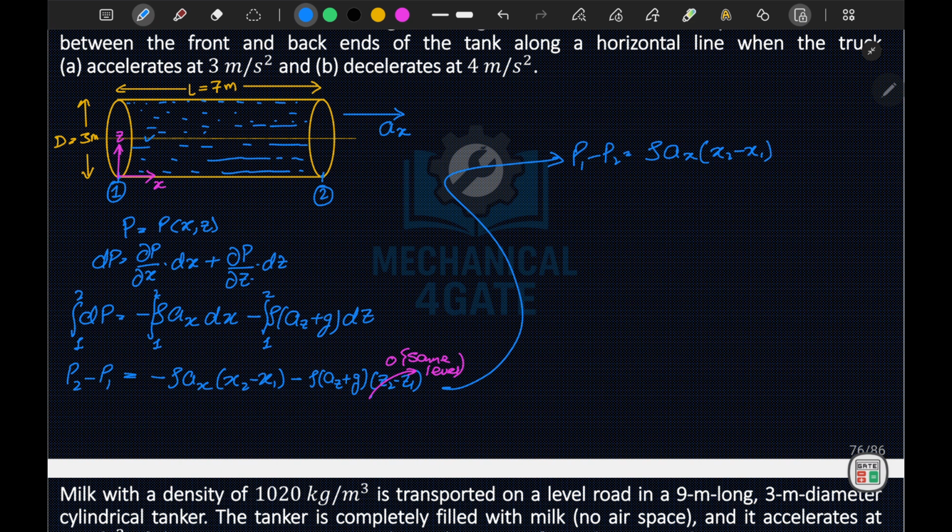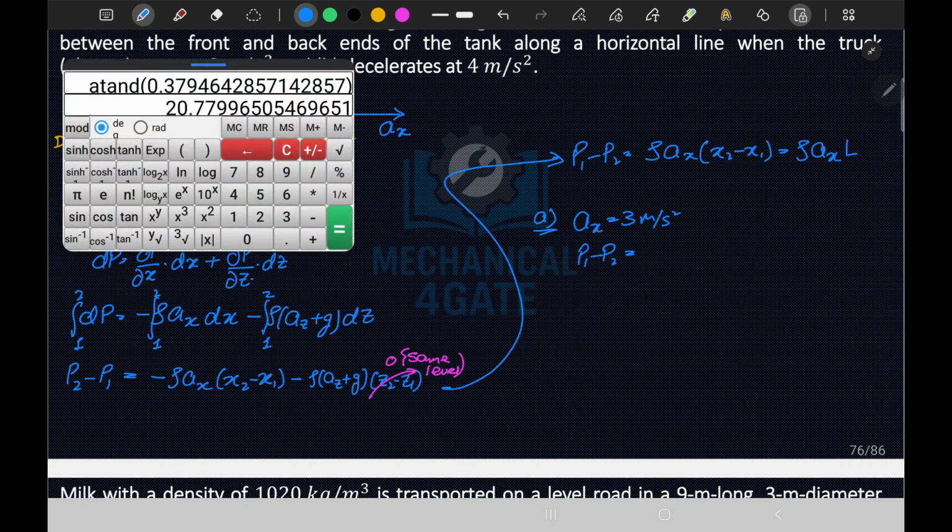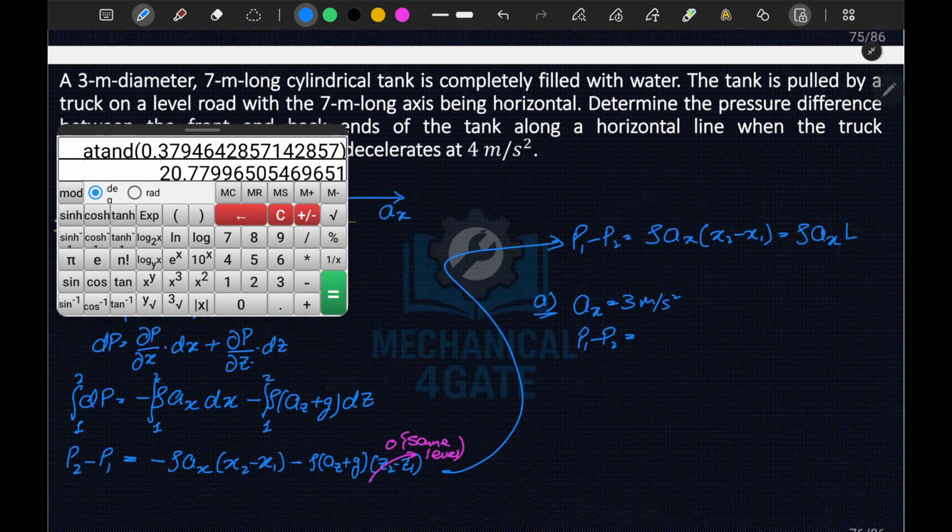Now if I substitute the value of x2 minus x1, this will be equal to L, so it is rho Ax times of L. Now in the first case it is given that Ax is equal to 3 meter per second square, so p1 minus p2 is equal to rho times of, since this is water, it is mentioned here that this is water.